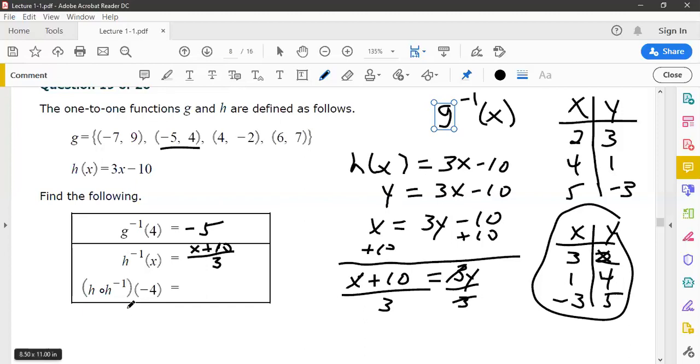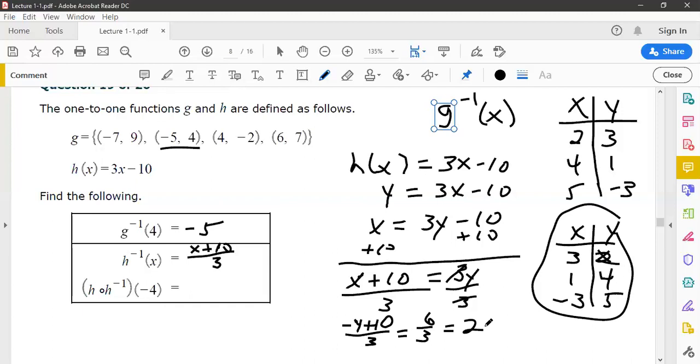Now we're going to go back to what we just talked about with composition. So we have h inverse of -4. So work from right to left. The -4 replaces the x in the inverse function. So this becomes -4 plus 10 over 3, which is 6 over 3, which equals 2.